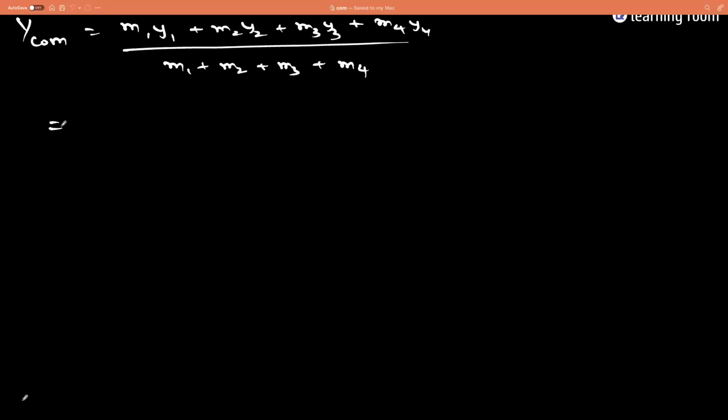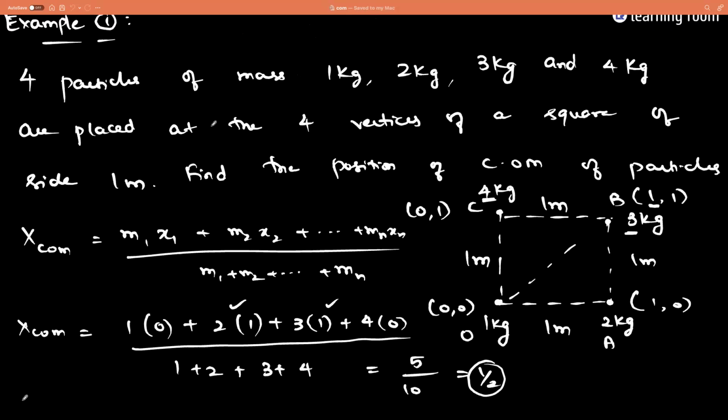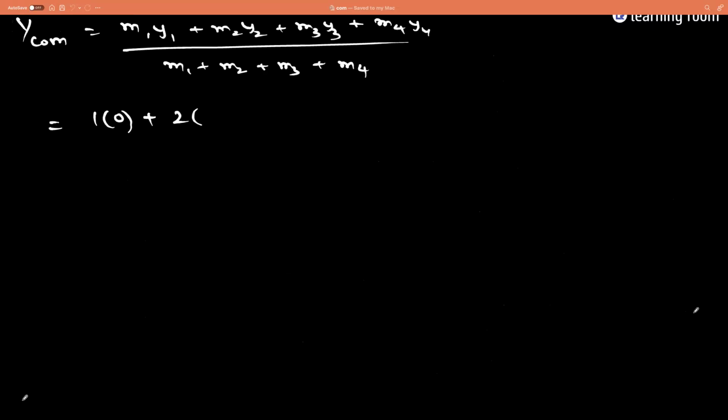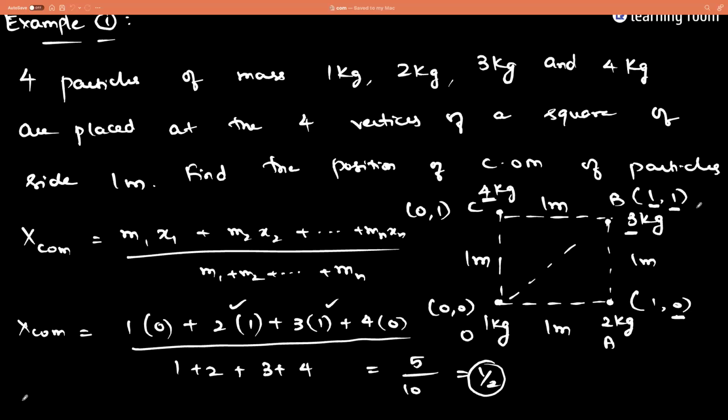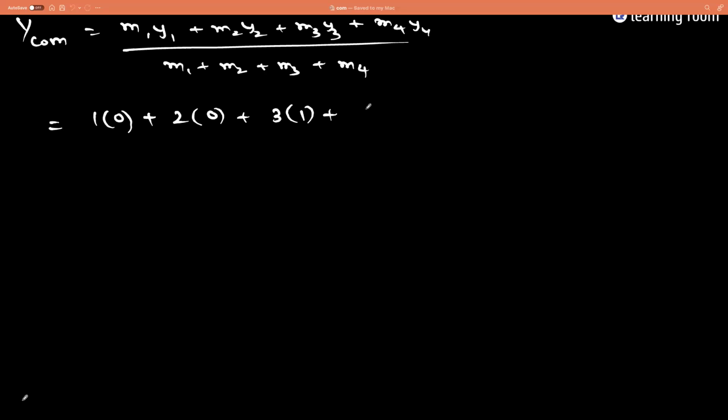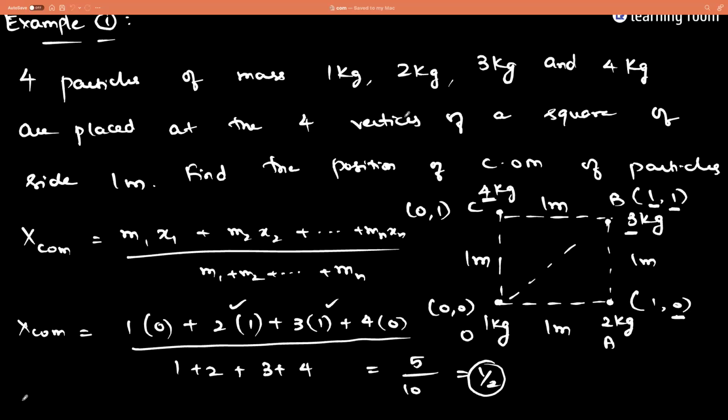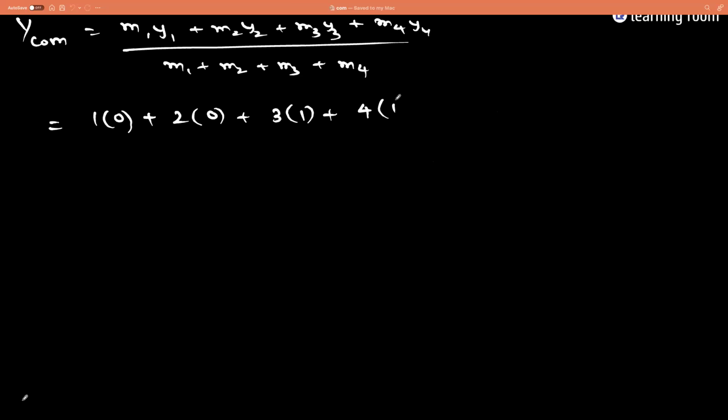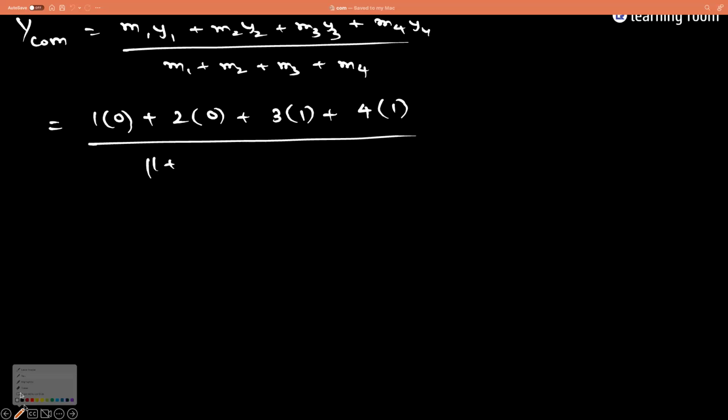So this will be equal to m1 is 1 into y1 is 0, plus m2 is 2 into y2 is 0, plus m3 is 3 and y3 is 1, plus m4 is 4 into y4 is 1, the whole divided by the sum of all the masses, 1 plus 2 plus 3 plus 4.